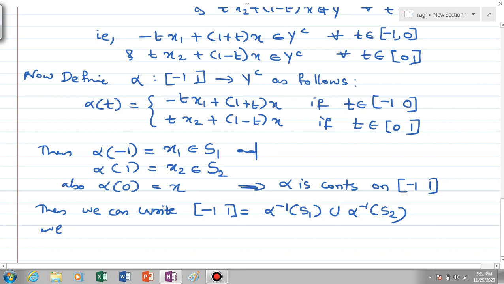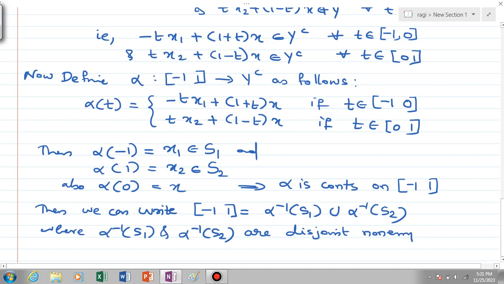where alpha inverse S1 and alpha inverse S2 are two disjoint, non-empty, open subsets of the interval.